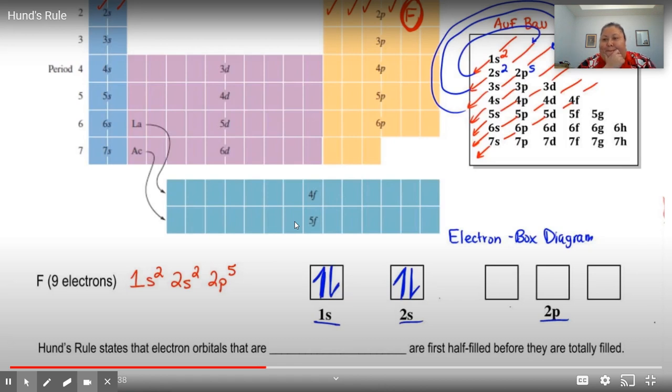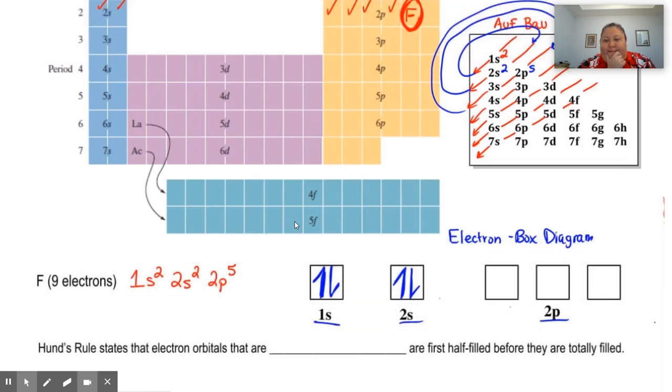And we're going to have to follow Hund's rule to correctly fill it out. Hund's rule states that electron orbitals that are degenerate, so remember that word, degenerate, are first half filled before they are totally filled. Degenerate just means that they have the same amount of energy. And we know that these 3 electron orbitals have the same energy because they're all 2 orbitals and they're all p orbitals. So they're all 2p orbitals. So we're going to half fill them first. So we'd say up, up, up. You half fill them first.